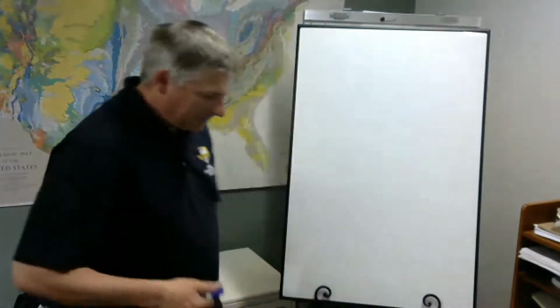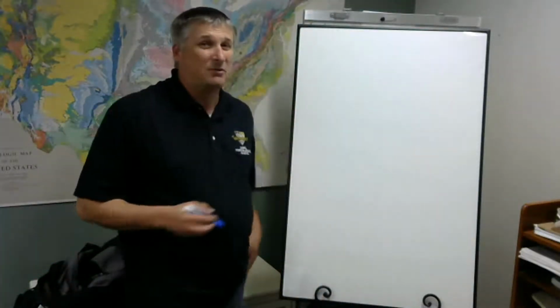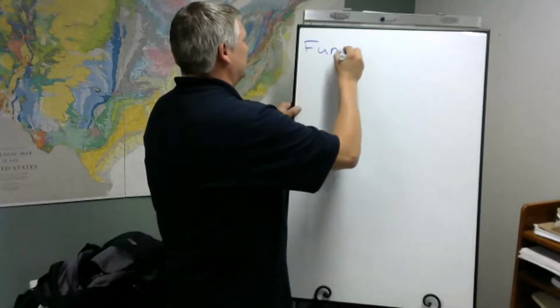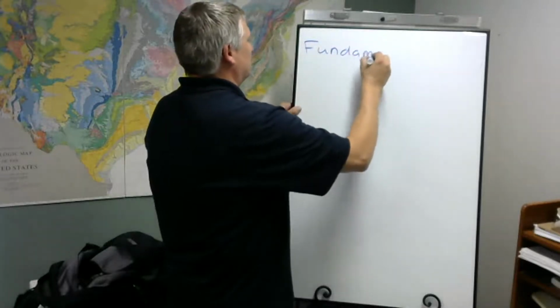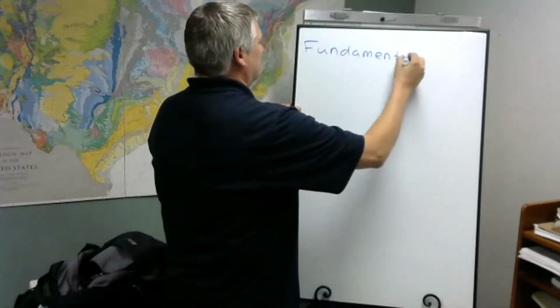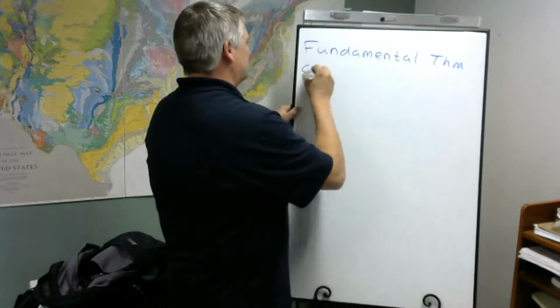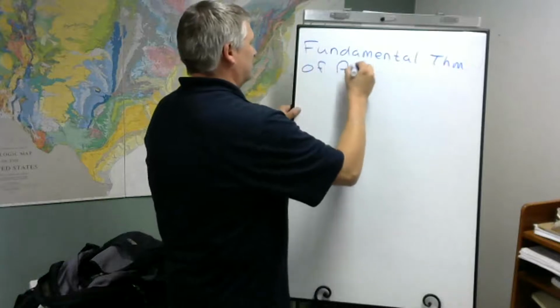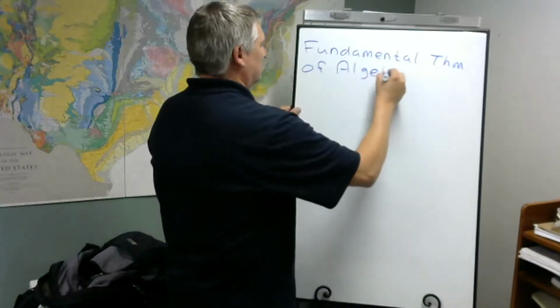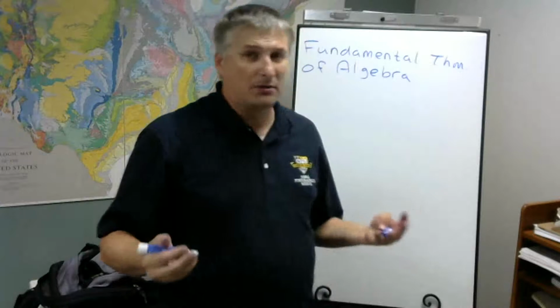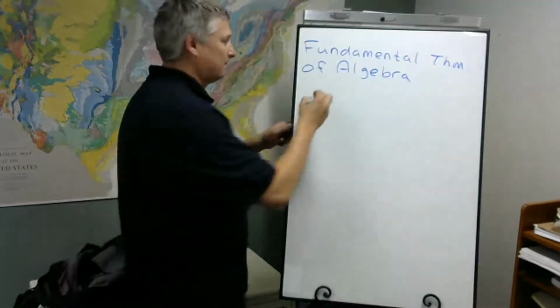So this leads us up to the fundamental theorem of algebra. And basically what it says is this: all polynomials have roots.